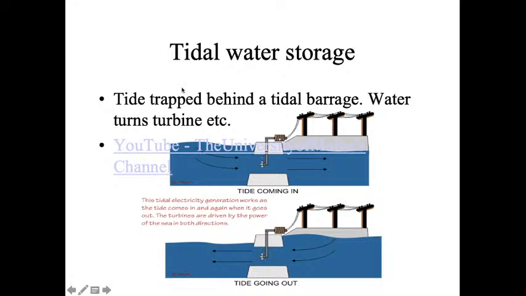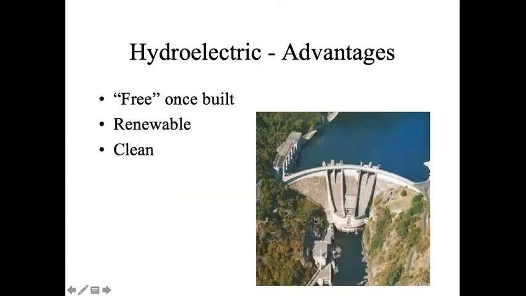And we've got tidal water storage, which is trapped behind a tidal barrage, and it's going to turn the turbine both on the way in and on the way out. It's going through these narrow channels in those big concrete tidal barrages that we saw a picture of earlier.